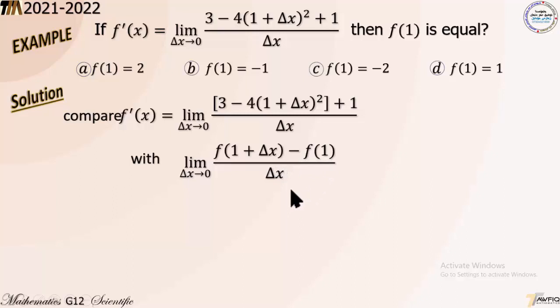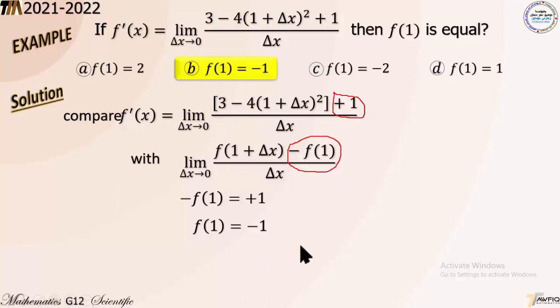That means this part of these two equations are equal: minus f of 1 and plus 1. Therefore, minus f of 1 is equal to plus 1. Multiplying by minus 1, f of 1 is equal to minus 1. That means B is the correct answer.